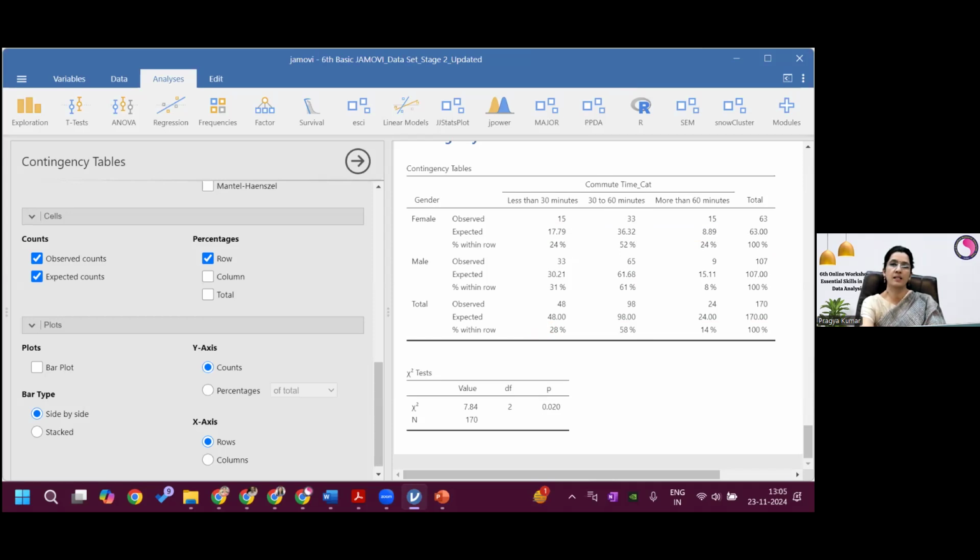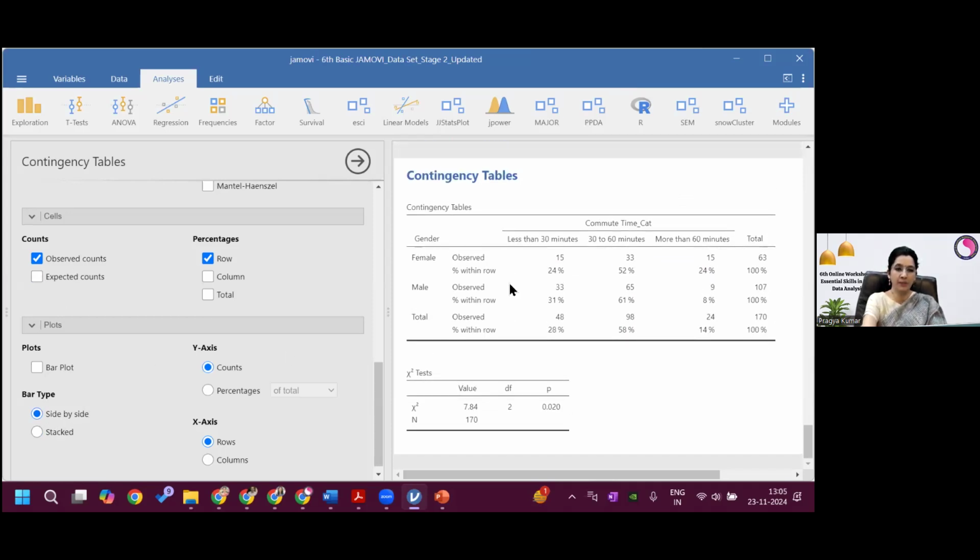So this assumption is met. After I have seen this, I will uncheck it, because in a table we generally don't give the expected count. We only say that the assumption of a minimum cell count of 5 in the majority of cells has been met, and that's why we decided to go for a chi-square.